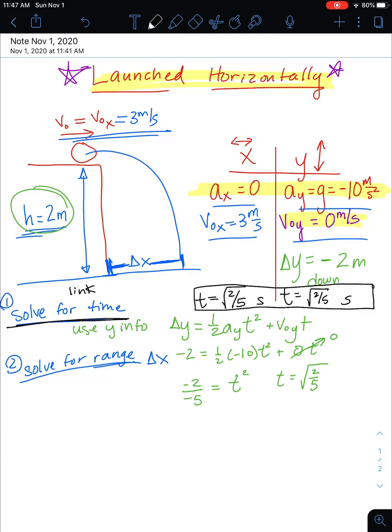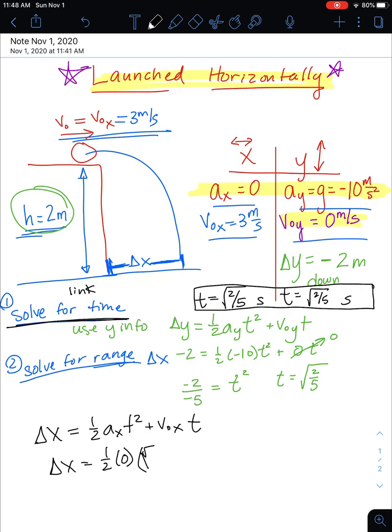Now I have 3 factors that I know in the x direction. So to solve for my range, I can use my equation in the x direction, that it's 1/2 of my x acceleration times my time squared plus the starting velocity in the x times the time. So to find my range, I'm going to plug in that the acceleration in the x direction is 0.